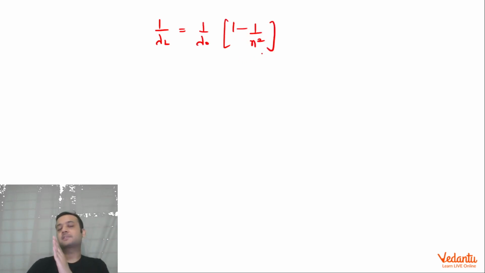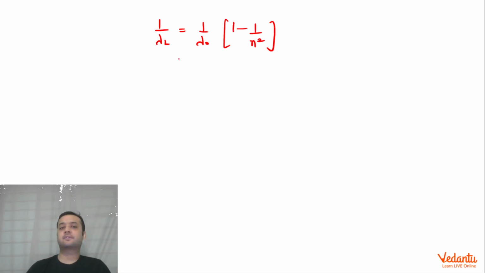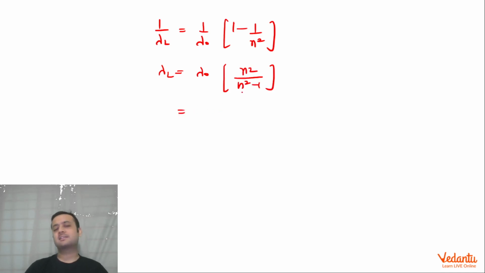So when the transition happens from n equals infinity to n equals 1, then we can write like this. Now if you take the reciprocal, lambda will become lambda naught into n square upon n square minus 1.